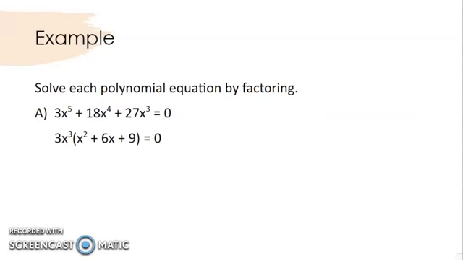Now, notice this is a trinomial. In order to factor it, I need two numbers that multiply to positive 9 and add to positive 6. And that would be 3 and 3, both positive. So I'll write those binomials next. Finally, all I need to do is find the zeros for each x.